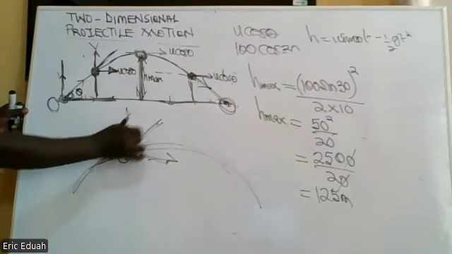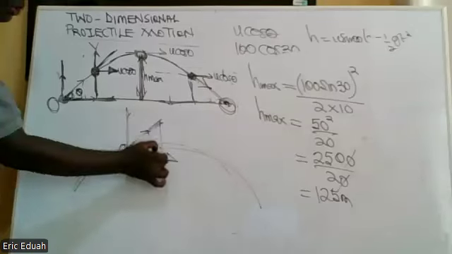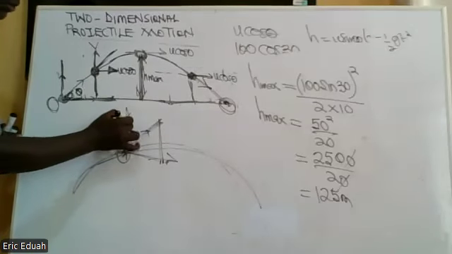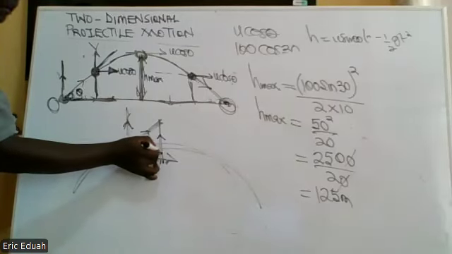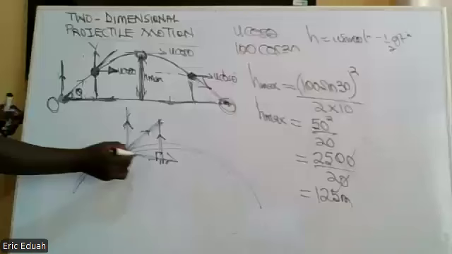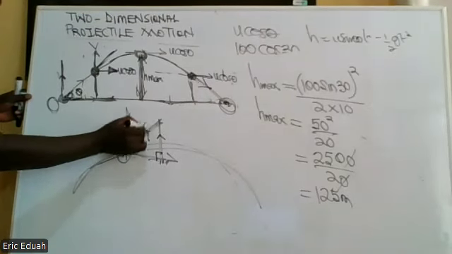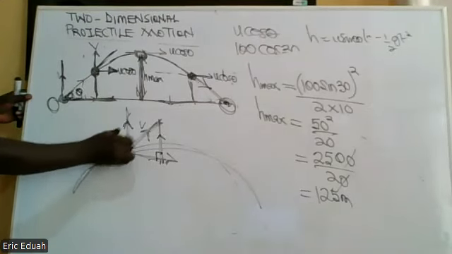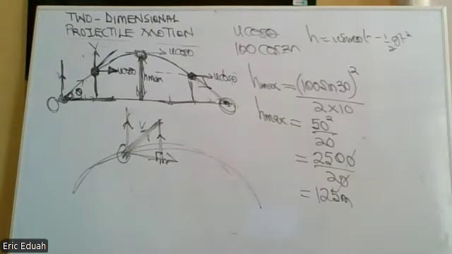So the resultant will act along the diagonal. The horizontal is perpendicular to the vertical. So the resultant, which will be the diagonal vector, will represent both.